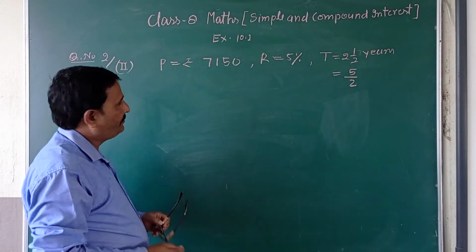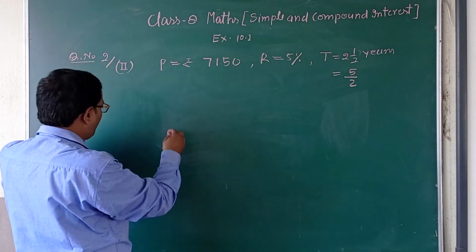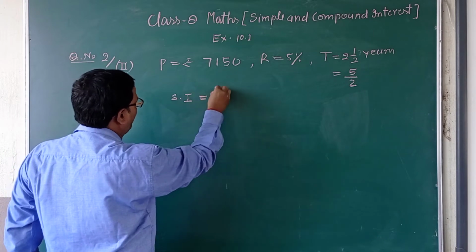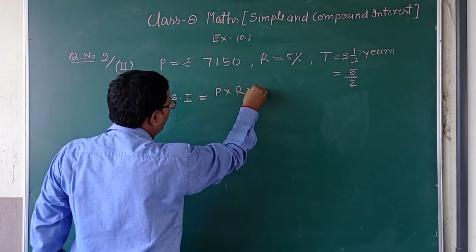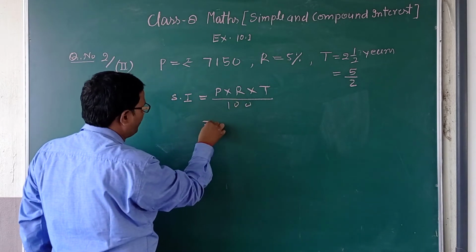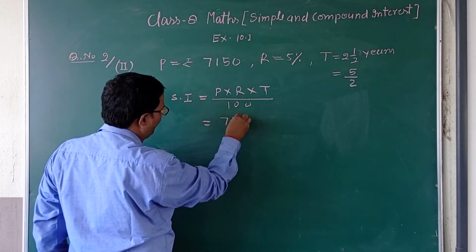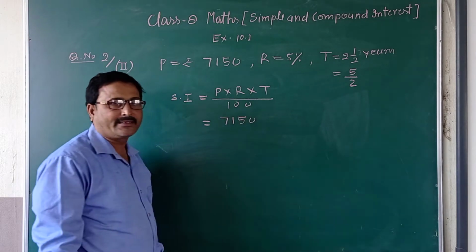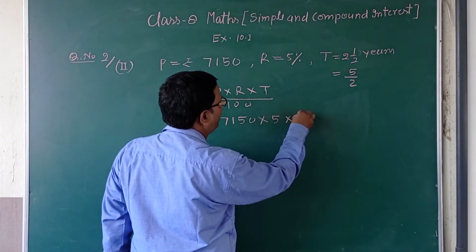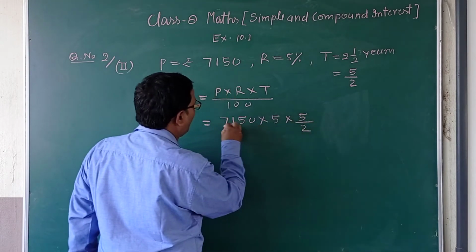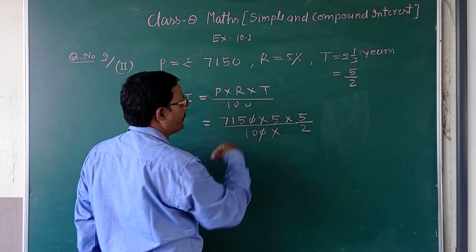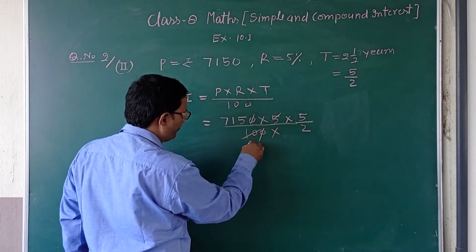Now SI is equal to principal into rate into time divided by 100. Now principal is 7,150, rate 5%, time 5 by 2 upon 100. 10 cancel, 5 2s are 10.